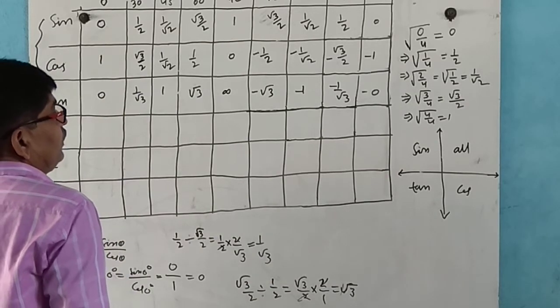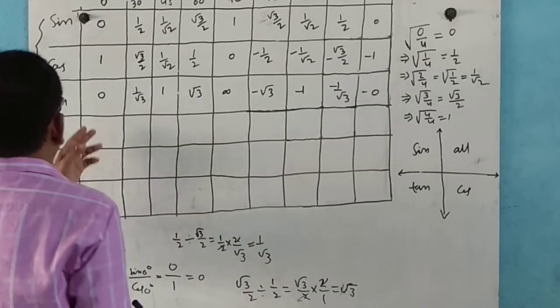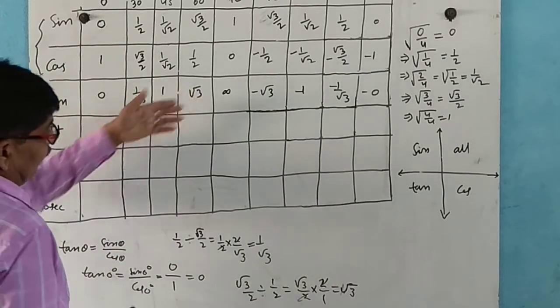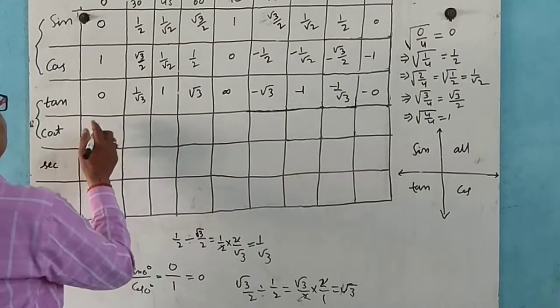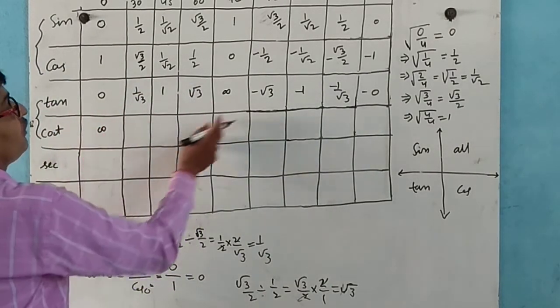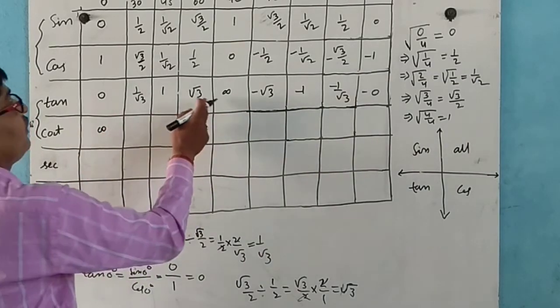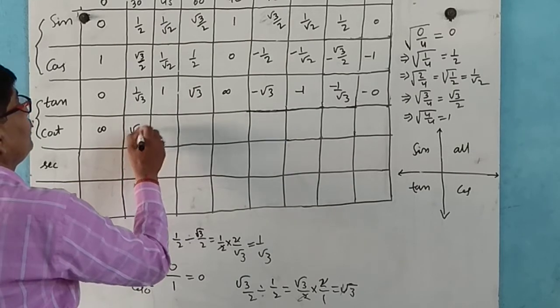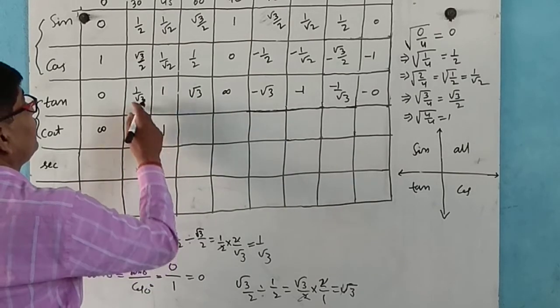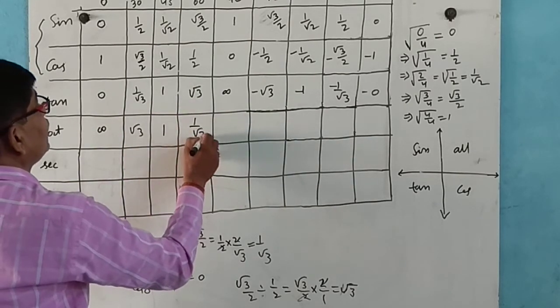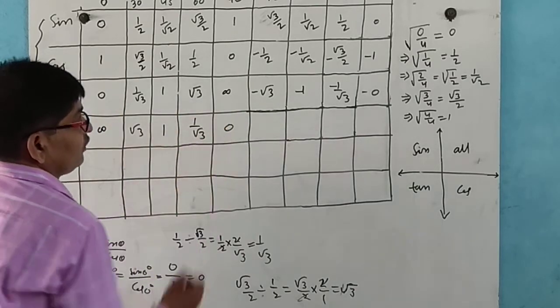Now, here with the help of the diagonal property, this comes here, this comes here, this comes here, this comes here, this comes here, 1 by root 3, this comes here.